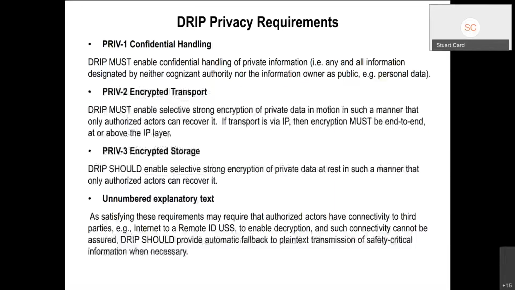Okay, privacy requirements. These are pretty much as before, and I have gotten some feedback that storage requirements is going a little bit beyond the field that the IETF normally roams.